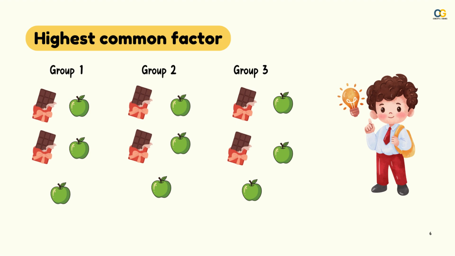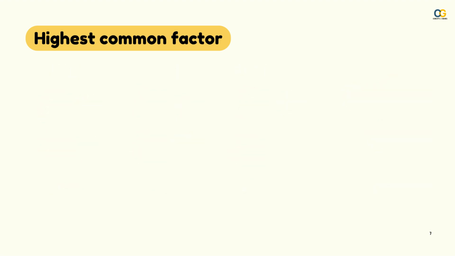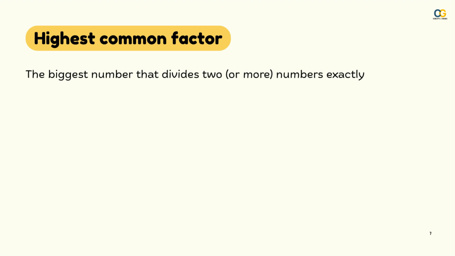Now, how did we arrive at this is nothing but HCF. So HCF, the highest common factor, is the biggest number that divides 2 or more numbers exactly. So in the previous case, where we had 6 and 9, if we write all the factors of 6, which is 1, 2 and 3, and all the factors of 9, which is 1 and 3, the biggest common factor in them is 3.